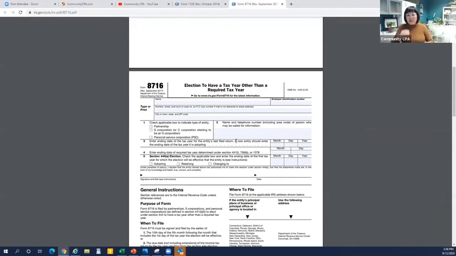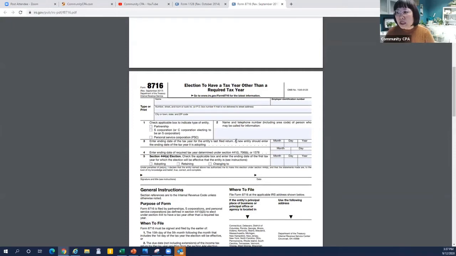Some pass-through entities, for example S corporations and LLCs, pass the K-1 on to your 1040, so the majority line up with the 1040, January to December. But in some cases, for seasonal business reasons, when you need to move away from January to December and choose a different tax year on the pass-through entities, you need 8716.